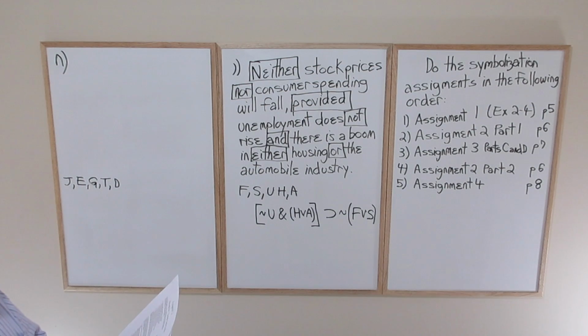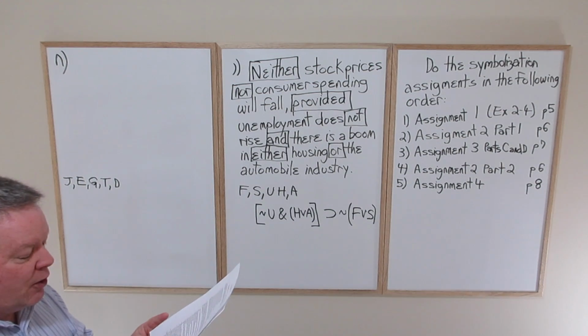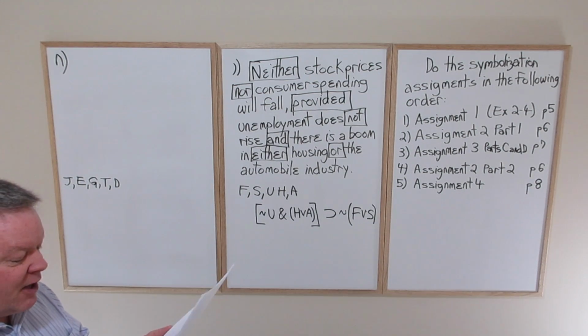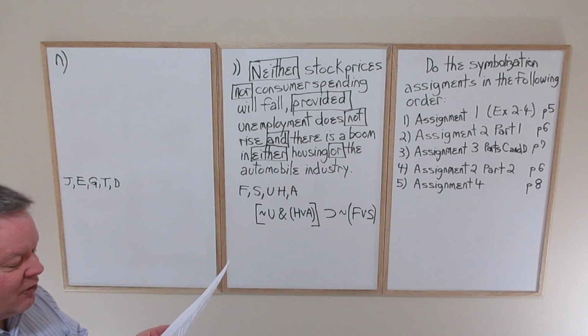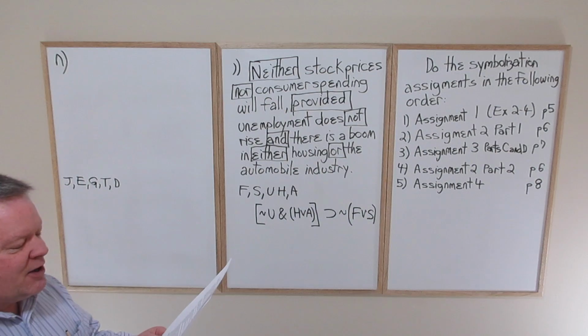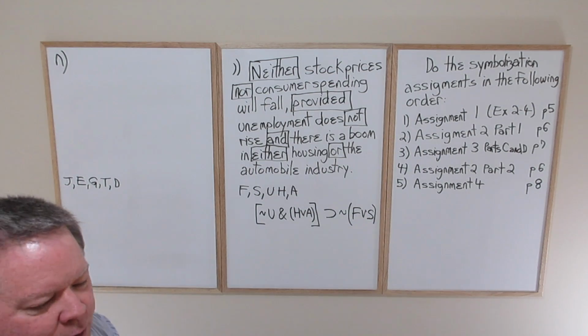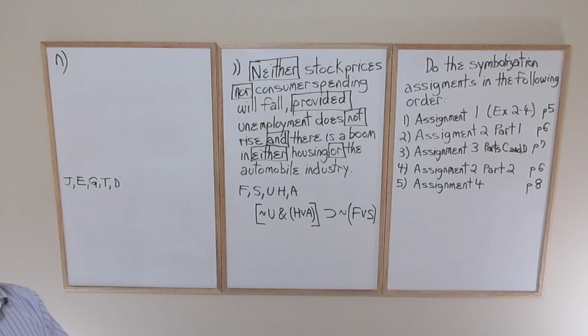More jobs will be created and the economy will improve only if government spending is increased and taxes are not raised. However, the deficit will be reduced only if taxes are raised and government spending is not increased. And the economy will improve if and only if the deficit is reduced. What in the world are we going to do with that?